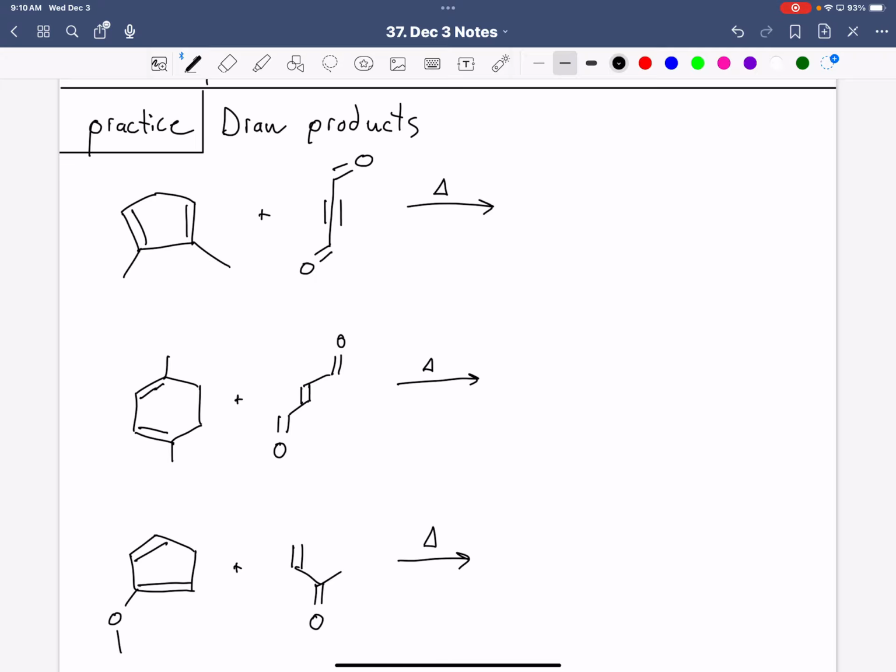Also, this is not right. There's some weird funky thing going on in the middle of the ring. This part of the ring flips up, and this attaches, so this is not the same ring. You know what I mean?